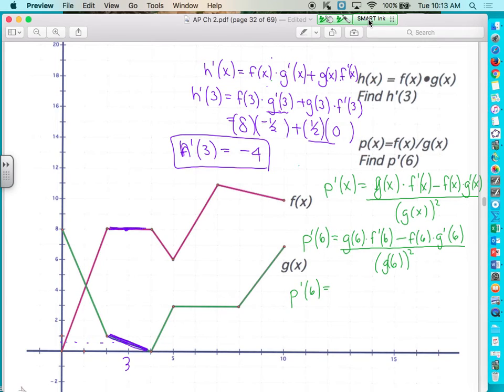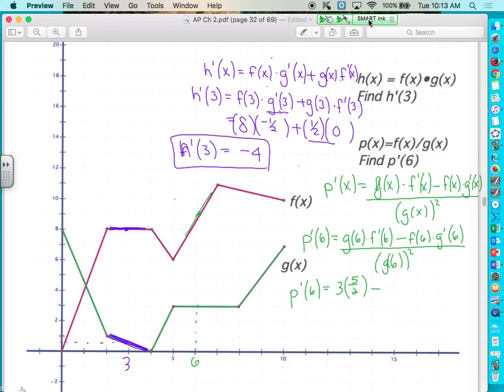Right, so g of 6, that's the height for the g function, which is green, at 6. So here's 6. That height looks like it's at 3. F prime of 6, that's the other function. The slope for this segment right here looks like it's 1, 2, 3, 4, 5 over 2. Rise over run. Looks like 5 halves.